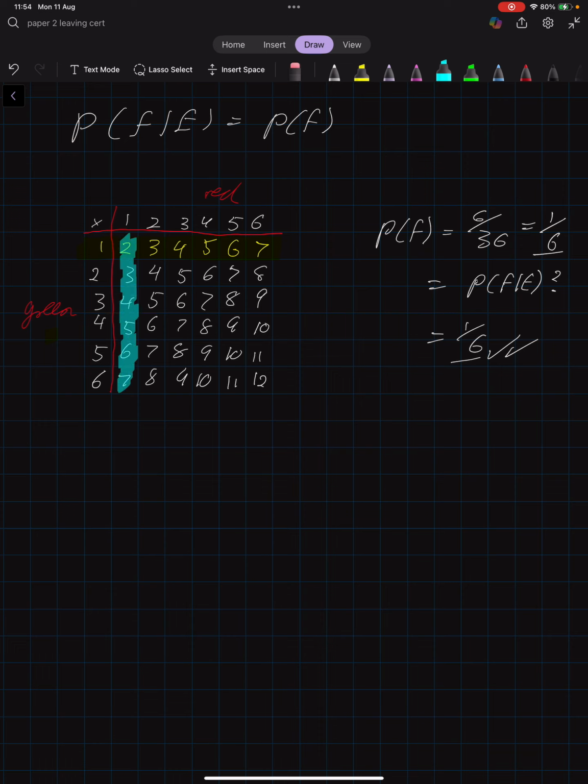But because 7 is a kind of distinct number, you can get 7 the whole time. So that's why they're independent: it doesn't matter what you roll the first time, there's always one chance to get a 7 the second time. So it ends up not mattering, which is quite interesting. Okay, so that is that one.